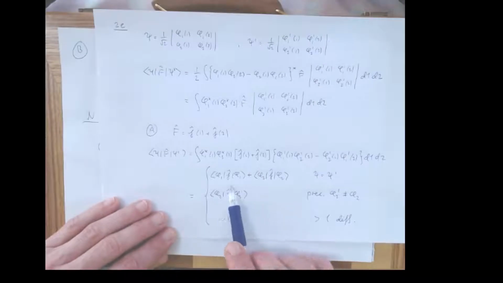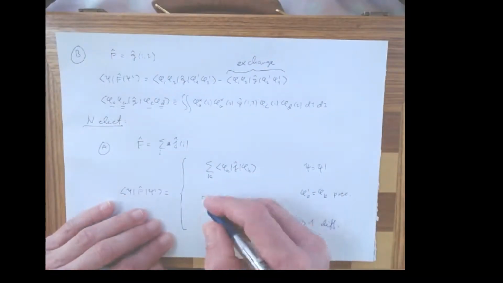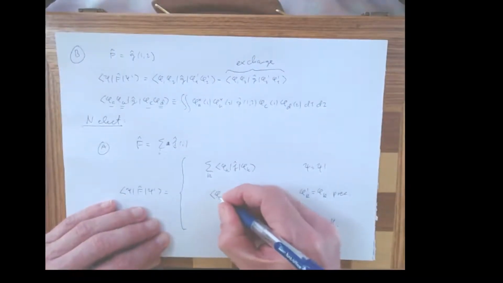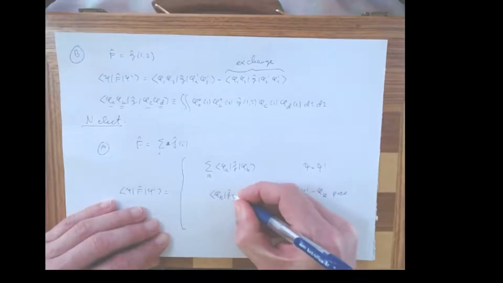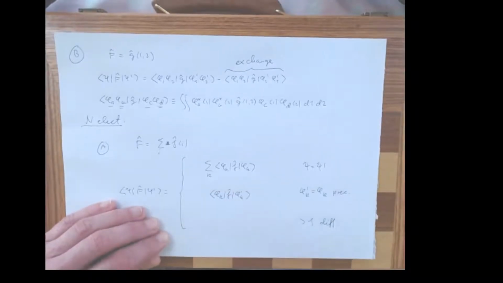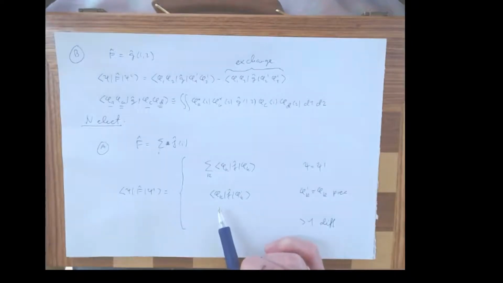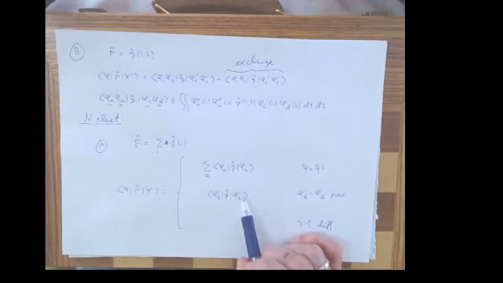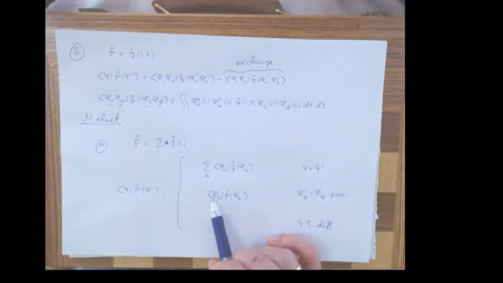Then if we look at this case, only one term survives. Because as long as K and K prime are orthogonal, again, I need the operator between those two states in order to make this factor non-zero. If the operator is not between K and K prime, then this factor will kill the contribution.